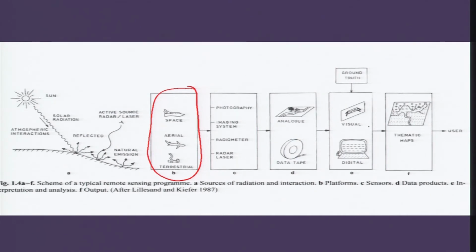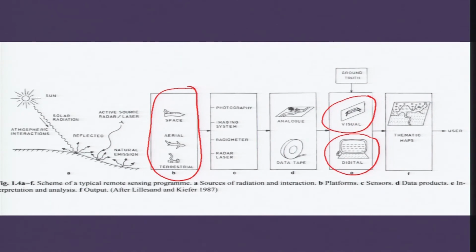We can store and view this data either digitally on the screens of personal PCs or laptops, or you view this by a well followed conventional technique, that is using stereoscopes. Okay.